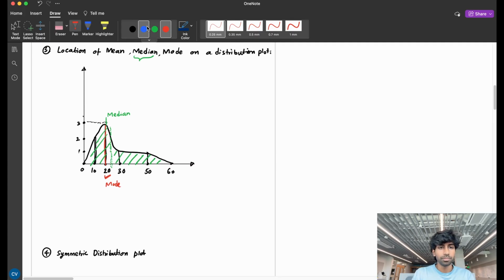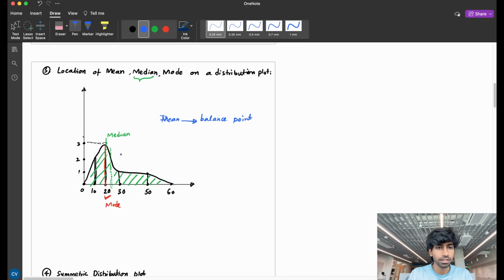And the mean is a little bit tricky. The mean is the balance point of this entire distribution. It's like the center of gravity. So where do you think we should place our finger so that we can balance this entire distribution on a single finger?